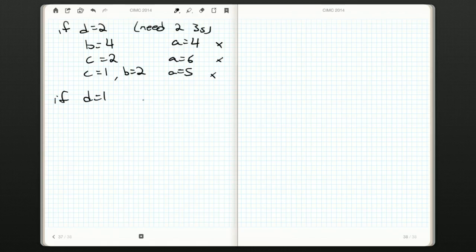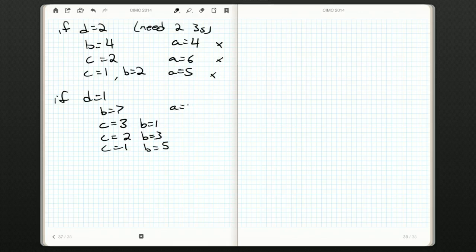How about D equals 1? We need just 1 3. B could be 7. C could be 3, and B would be 1. C could be 2, B is 3. C could be 1, and B is 5. So here we have 1 3. So these might work.